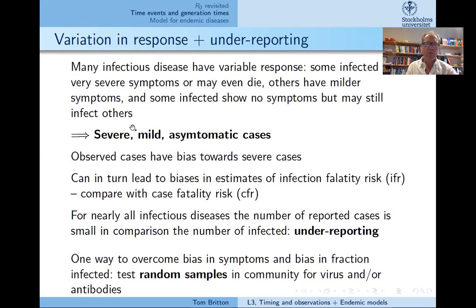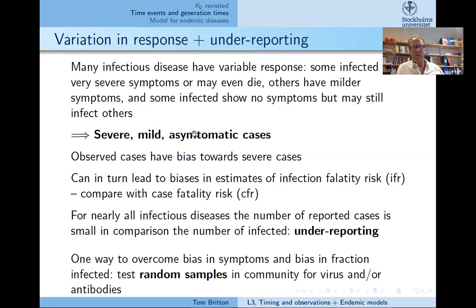So quite often you categorize individuals into severe cases, mild cases, and asymptomatic cases, but you can make an even finer grid of symptom levels as well. And it's important to have in mind that there is a bias in observed cases towards the severe cases.